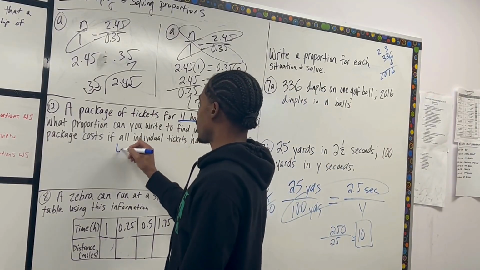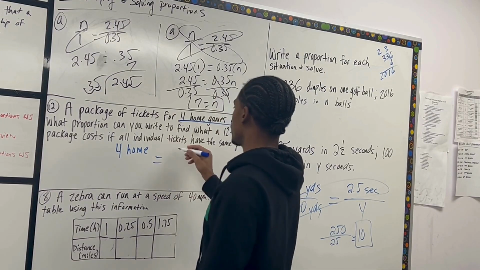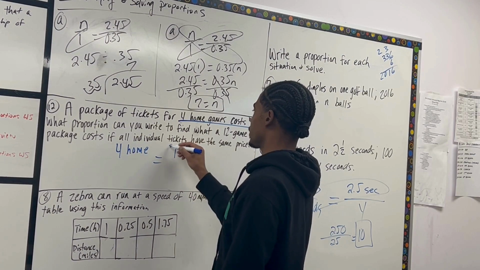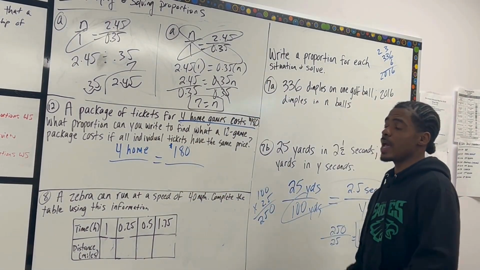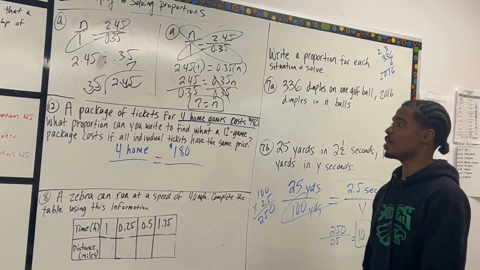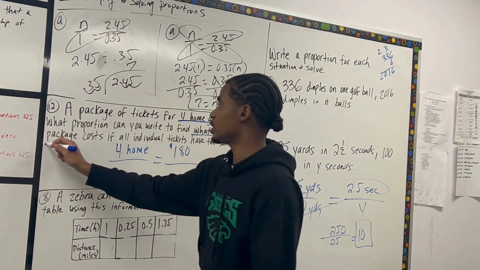So we're gonna write 4 home, and then I'm gonna put that equals to $180. So it asks what proportion. What a 12-game package costs.